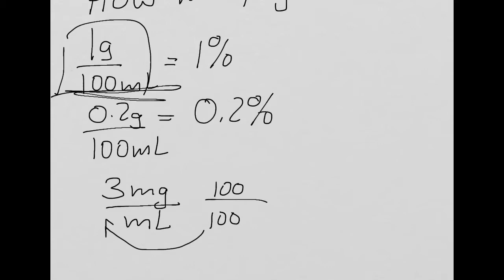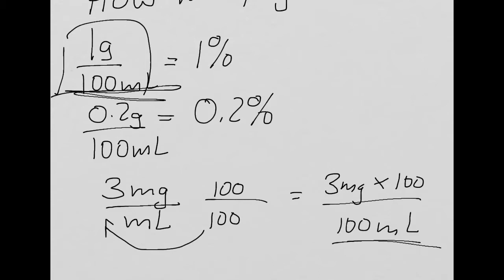So then we have 100 milliliter down here, and that goes back to our definition, per 100 milliliter. And what do we have on top? We have 3 milligrams times 100 divided by 100 milliliters. So the bottom is already okay. We don't need to worry about that. And the top we just have to calculate.